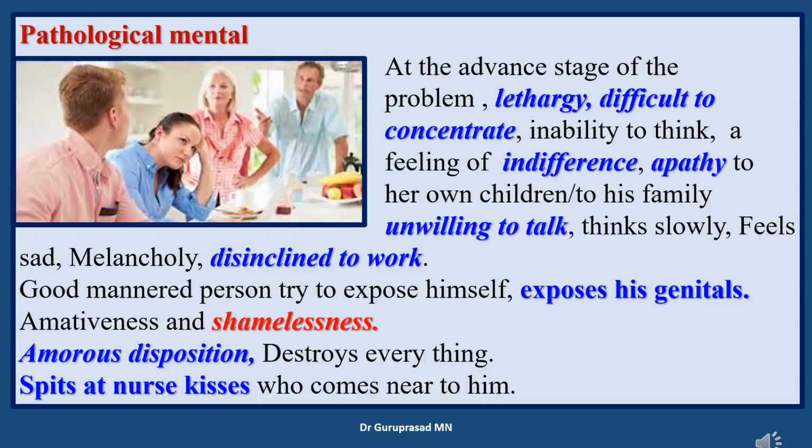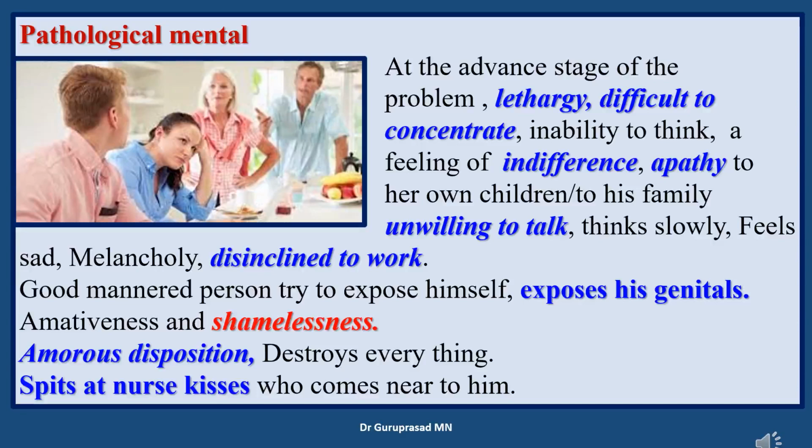A good-mannered, well-behaved person will try to expose himself, will uncover his body parts, will expose his genitals. They have amativeness. He or she becomes so shameless. They'll have an amorous disposition.